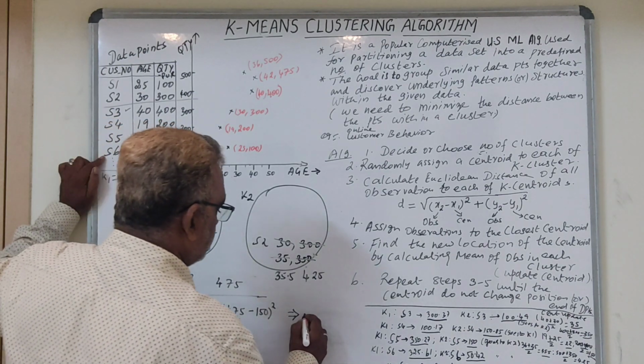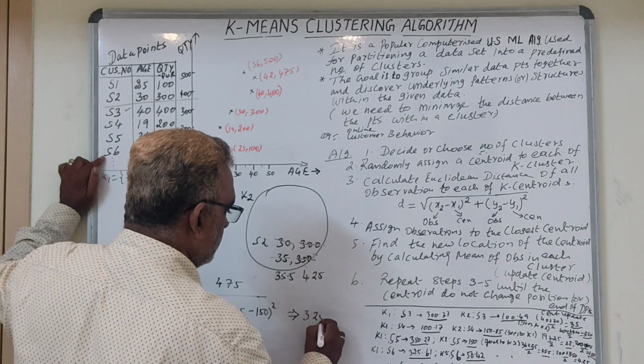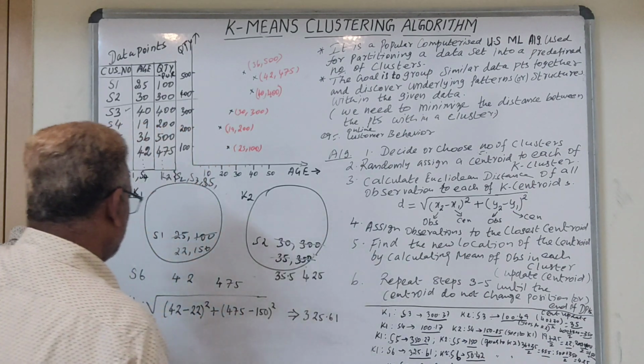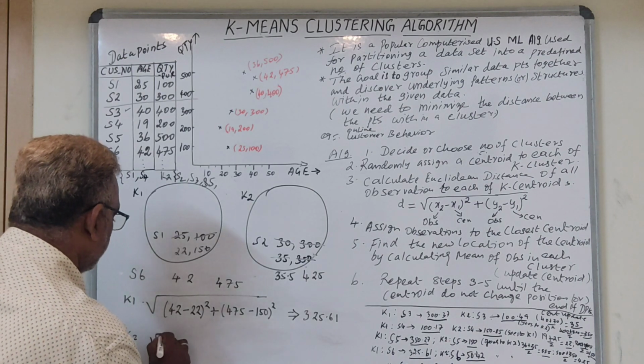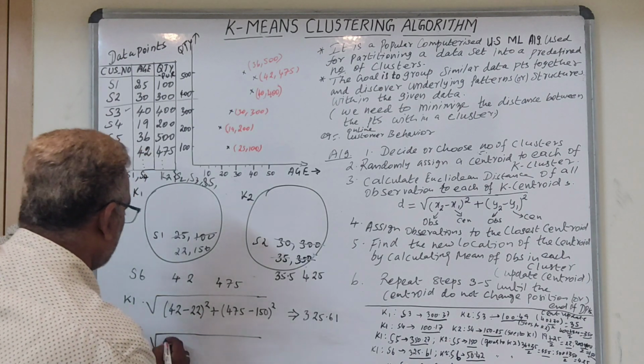The value is 325.61. Similarly for K2, again apply the same formula.